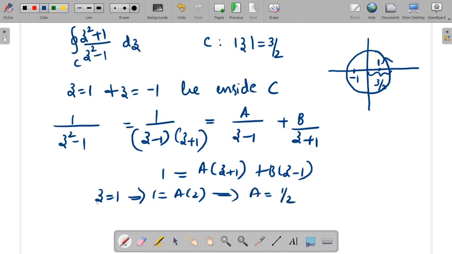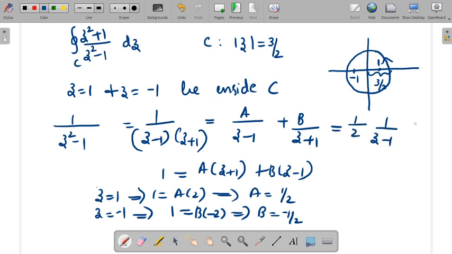Similarly, z equal to minus 1 കൊടുത്തു കഴിഞ്ഞാൽ this implies 1 is equal to b into minus 2, which gives b the value minus 1 by 2. So substituting it over here, we get 1 by z squared minus 1 as a by z minus 1, that is 1 by 2 into 1 by z minus 1 minus 1 by 2 into 1 by z plus 1.